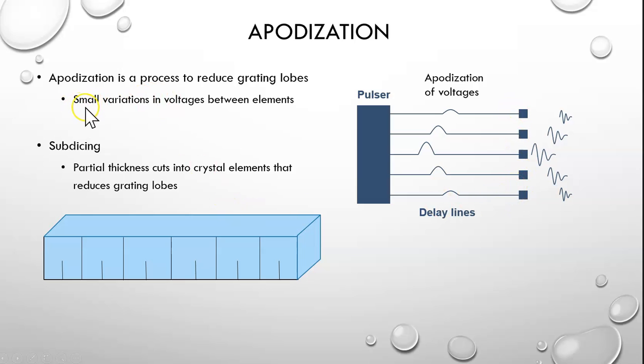So apodization is small variations in voltages between elements that is used to reduce grating lobes. Another technique to reduce grating lobes is called subdicing, and so our elements are cut partially through at different depths, and this will also reduce grating lobes.